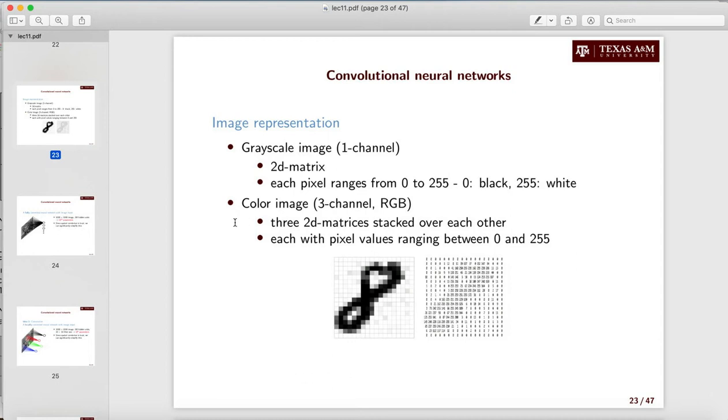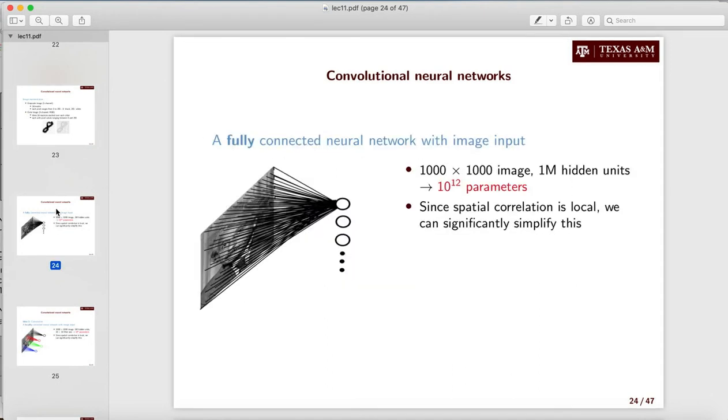Now, how does this play into the case when this image is the input of a neural network? Let's take, for example, this Einstein image here, whose dimensionality is 1000 by 1000 pixels. Let's assume these 1000 by 1000 pixels are represented by a matrix with dimensions 1000 times 1000.